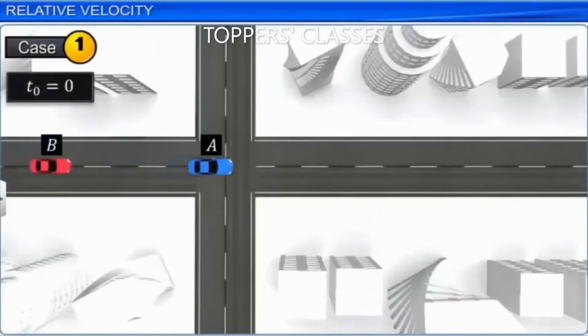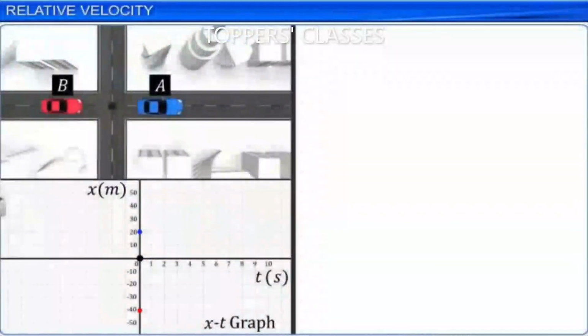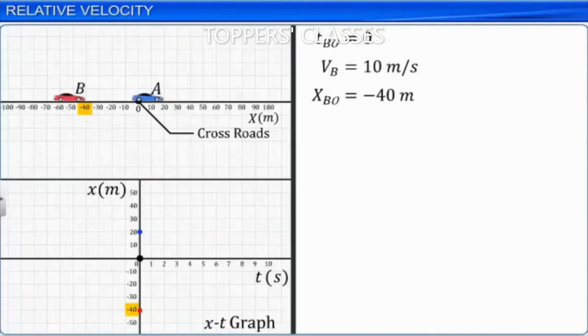Cars A and B are moving on a straight road with equal uniform velocity of 10 meters per second. At the time of initial observation, that is, when t B0 is equal to 0, B is 40 meters behind the crossroads, and A is 20 meters in front of the crossroads.